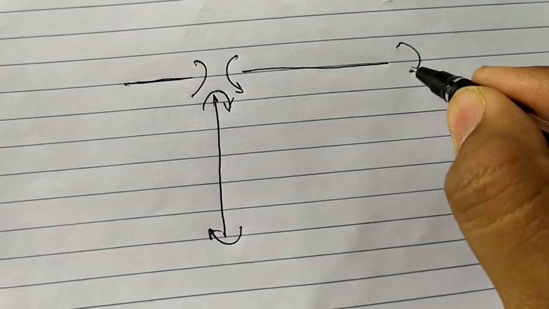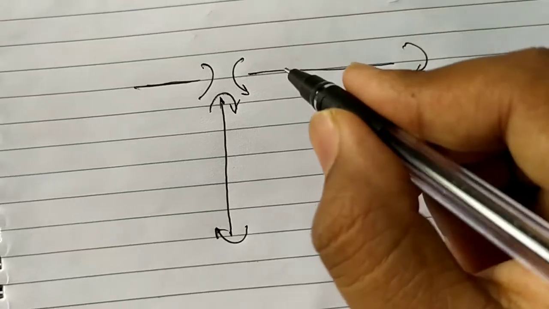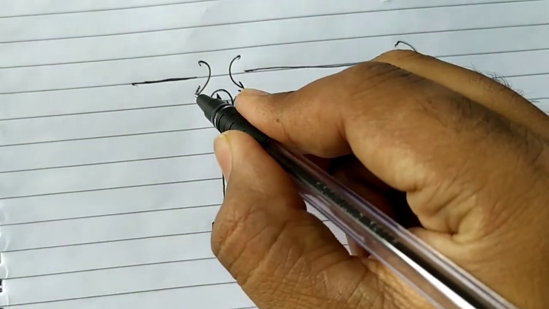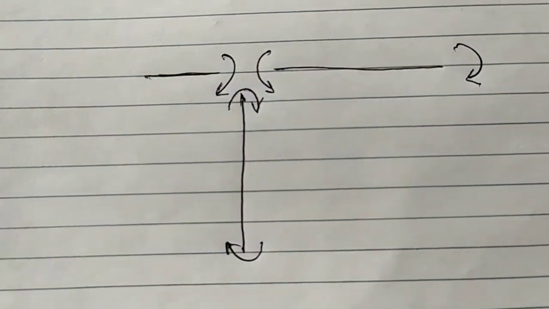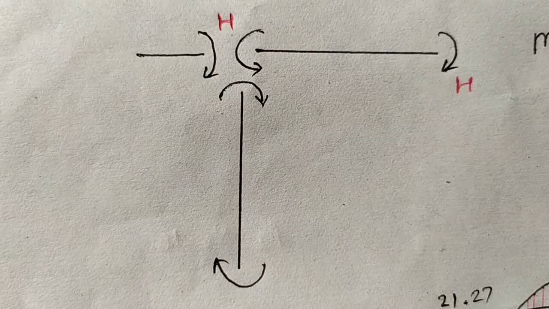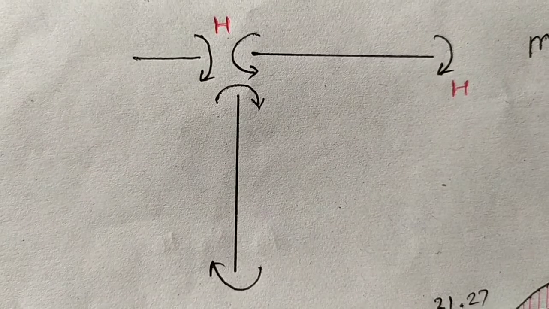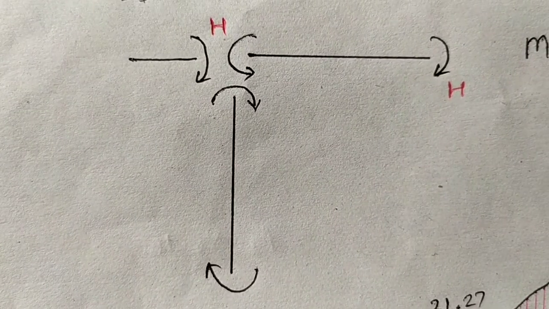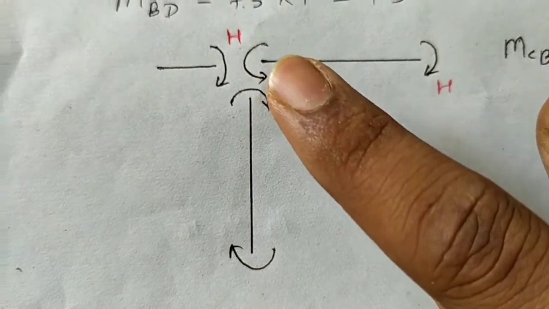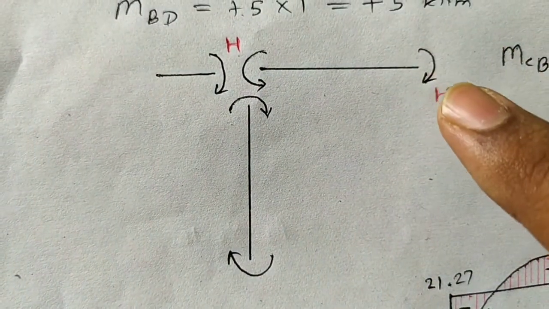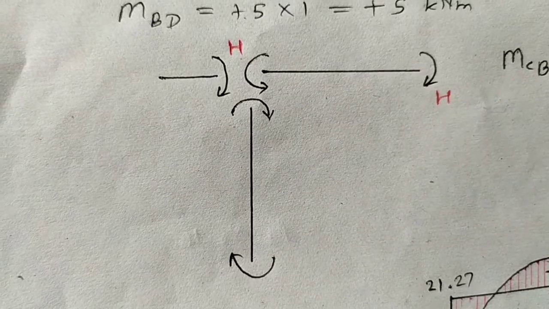CB is clockwise. So show the curves like this, and of course BD is clockwise. Now the arrows below the baseline, take this as a hogging midpoint. Here these two arrows are below the baseline, so take it as a hogging midpoint. This arrow is below the baseline, that's why take this also as a hogging midpoint.